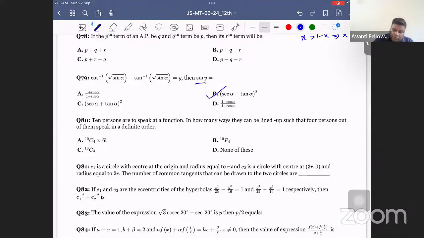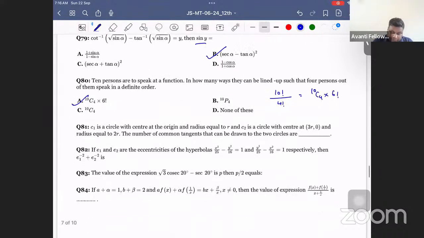So total ways of arrangement is 10 factorial, but you do not want their mutual arrangement, so you divide by 4 factorial, their ways of arrangement. This can be written as 10C4 into 6 factorial. That is your answer. Got it?